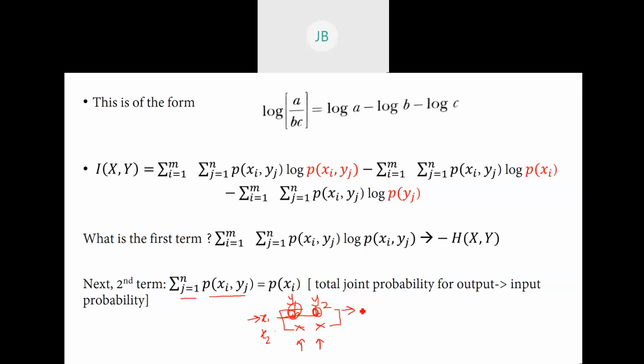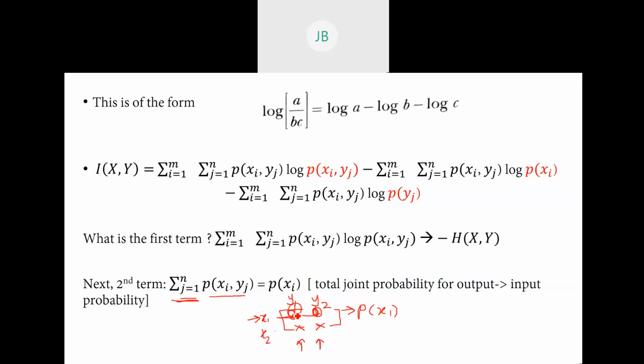That's the probability of xi. In this case it is the probability of x1. So that is what we do here. We vary the column, the index j is varied.